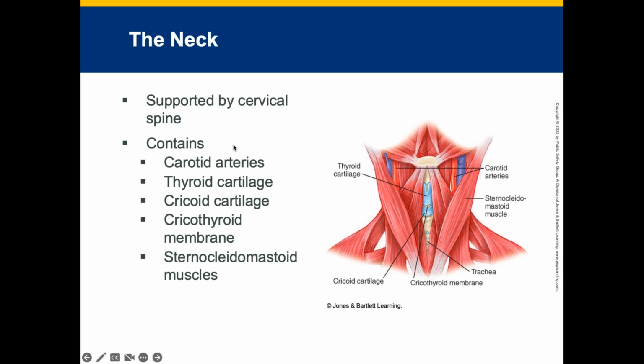What is the difference between a pediatric and an adult trachea? Pediatric is smaller. Okay, I'll give you that. It's smaller, but what else is different about it? Yep, cartilage is not fully developed.